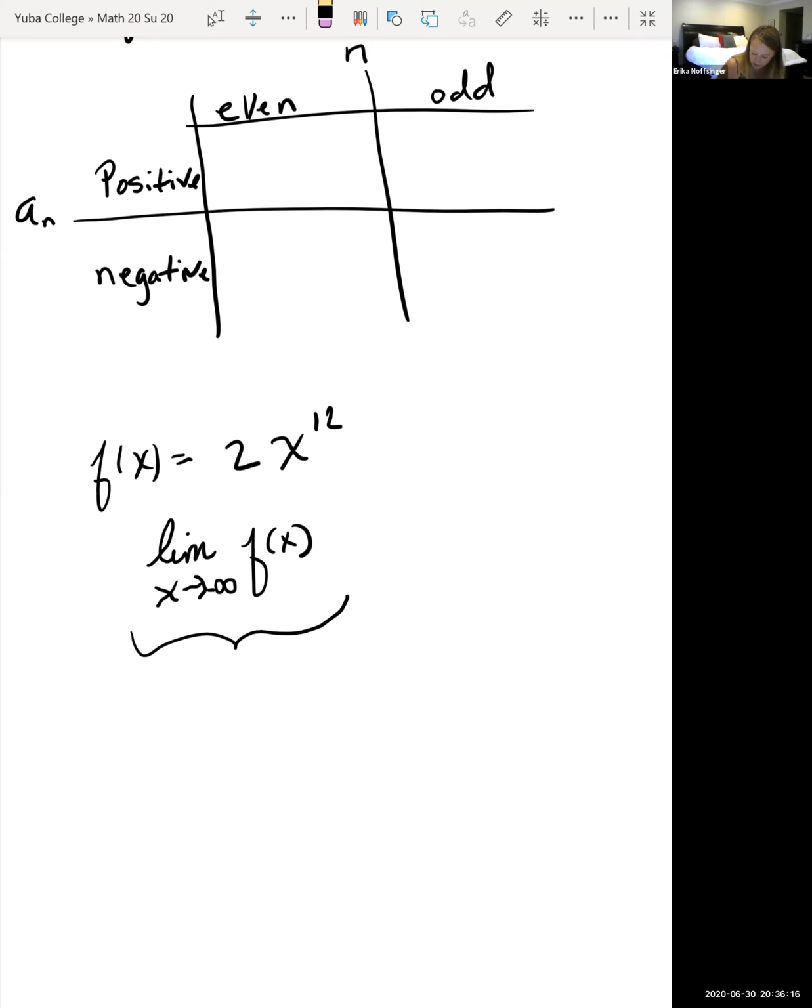So this is saying what is happening to your y value, which is f of x, as x goes to negative infinity.